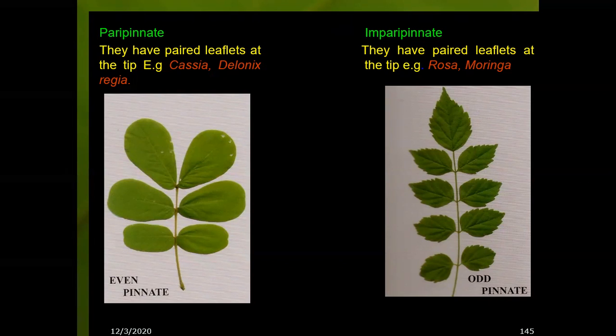When the leaflets are even in number, the leaf is said to be paripinnate. Imparipinnate: when the leaflets are odd in number, the leaf is said to be imparipinnate. They have an unpaired leaflet at the tip. So in paripinnate, the leaflets are even at the tip, and in imparipinnate, they are uneven.